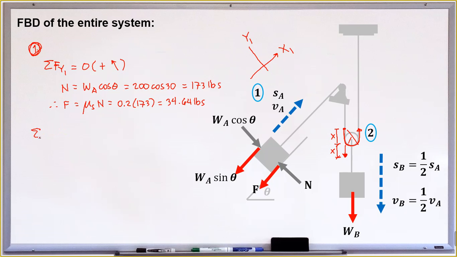So summation of the product of the force along x1 times S1. So our S1 here is equivalent to the displacement of block A, that is SA, equal to 1 half WA over G times the final velocity of A, VA square, minus the initial velocity of A, that is VA0 square.